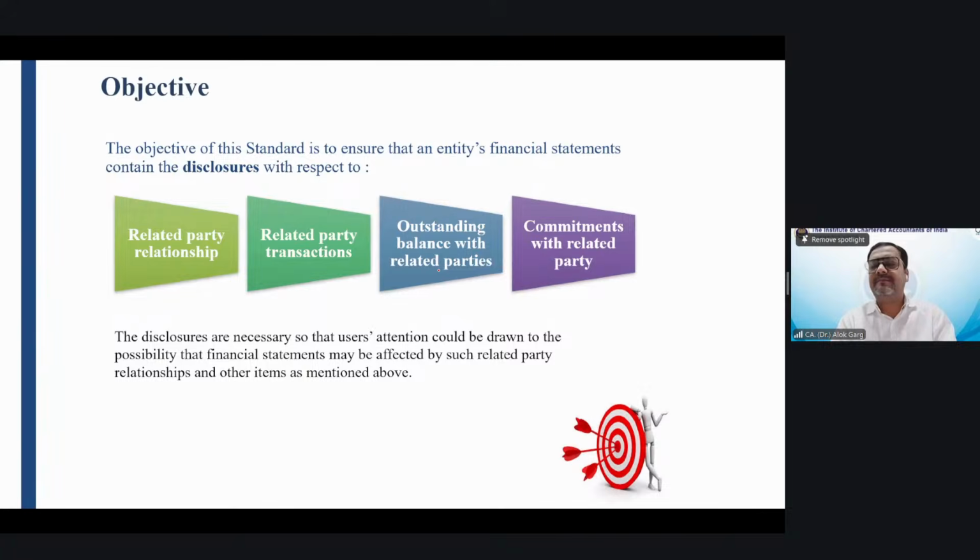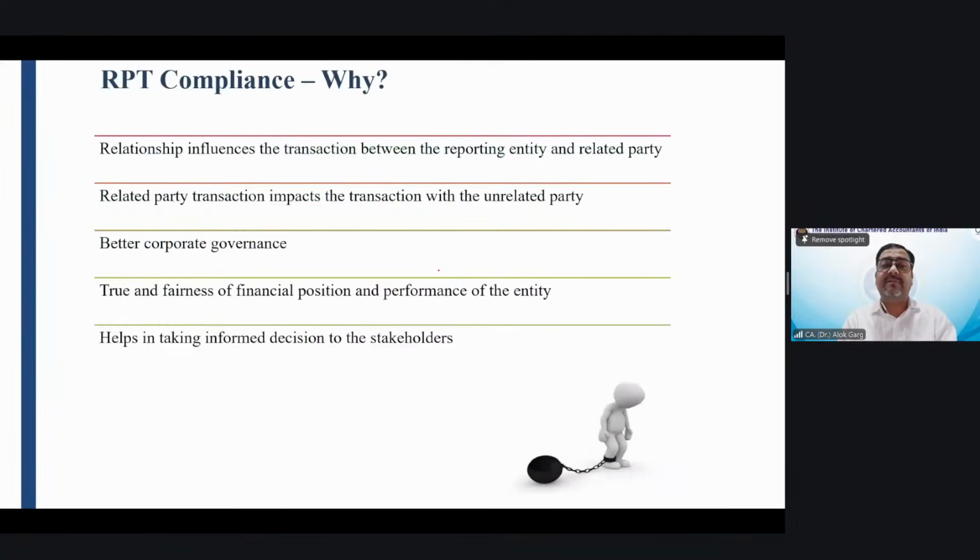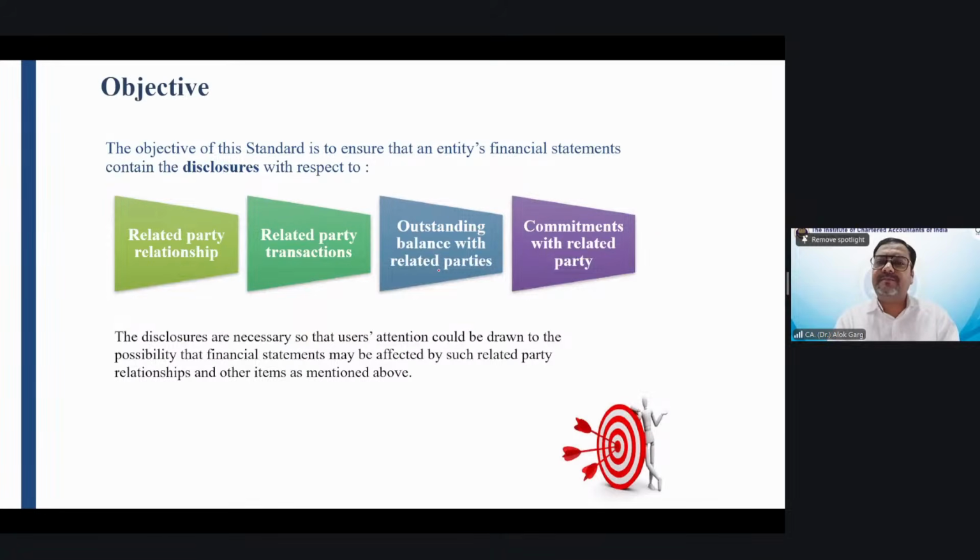Why? Because in a transaction between related parties, one entity can influence another entity to enter into the transaction. So friends, we'll talk more about this. This is a governance related standard, I would say, less accounting, because no accounting is given in this standard.